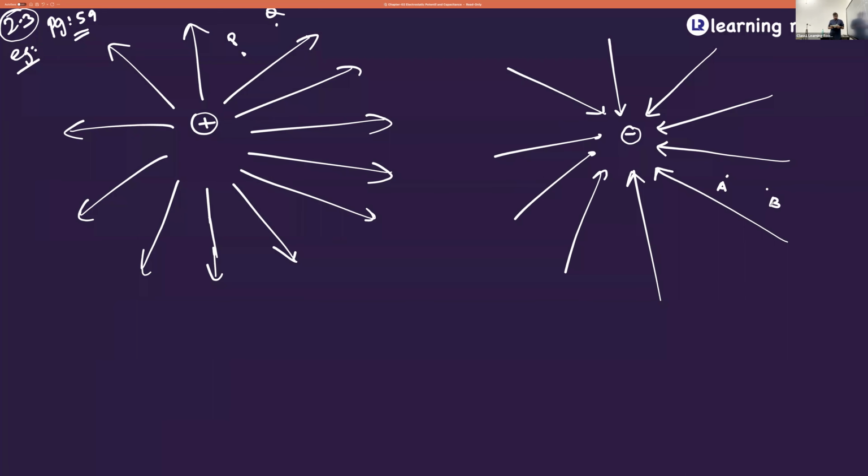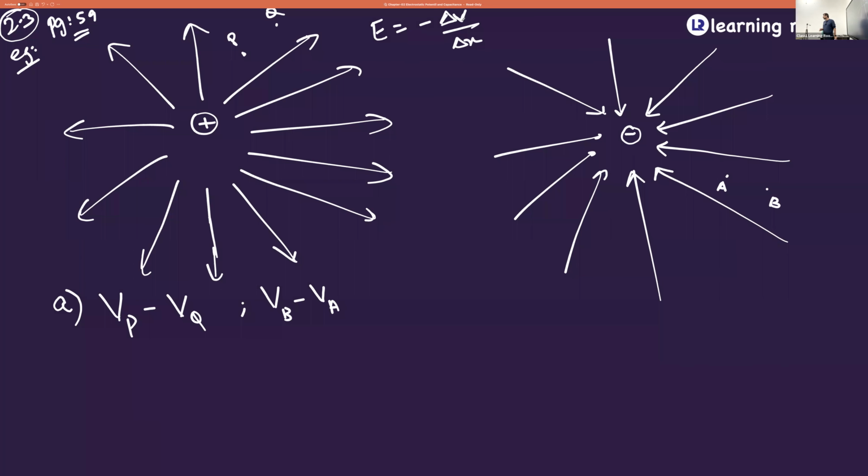So the first question is, give the signs of the potential difference Vp minus Vq and Vb minus Va. It is obvious. What did we discuss? Electric field is equal to negative of potential gradient, and the negative sign indicates that the electric field is always in the direction of decreasing potential.